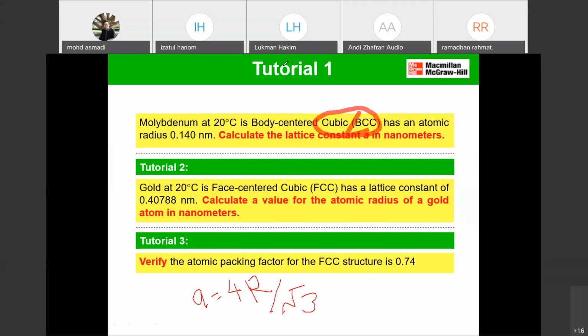Please answer. What's the answer? A is equal to 0.320. So the answer is 0.320.